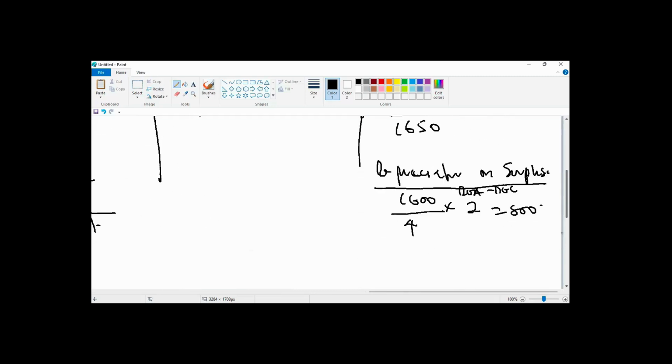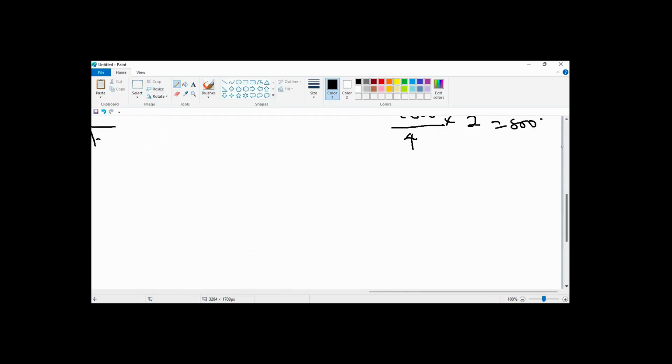Don't forget, the other party will treat it as if it has been received; even before the goods left the company, they will have charged the markup. So what is the total sales? 700.